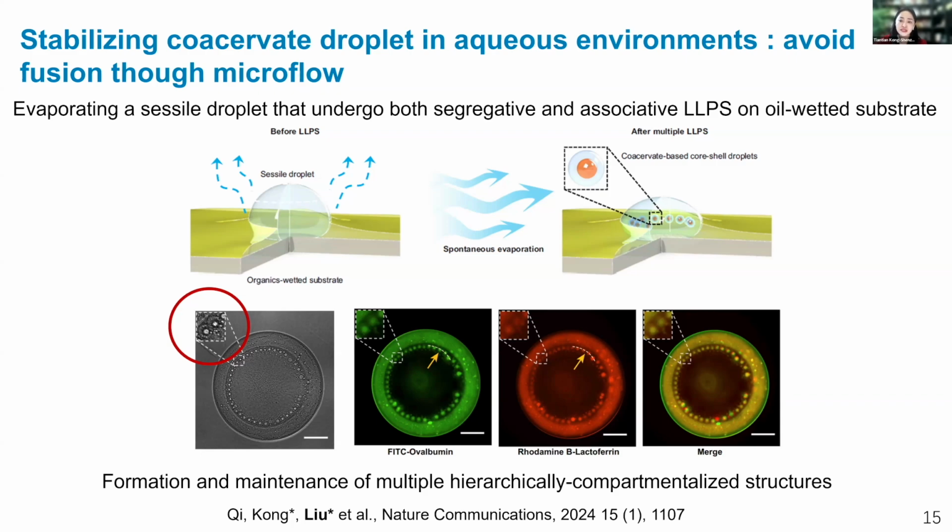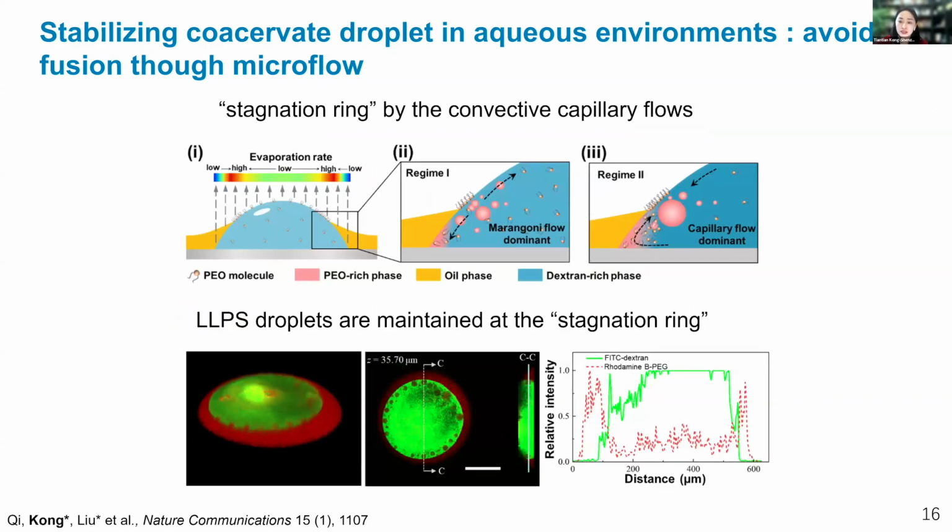Next, we investigate why these stabilized droplets appear specifically at the liquid-liquid-air contact line. Actually here, evaporation is the most intense at this boundary, driving convective capillary flows both up and down to replace lost fluid.